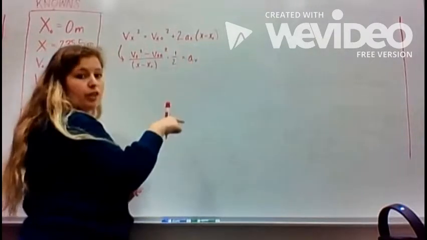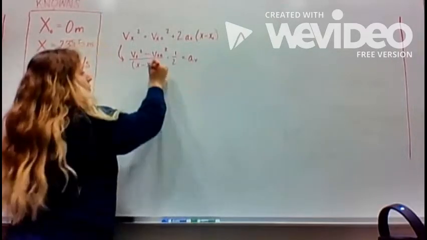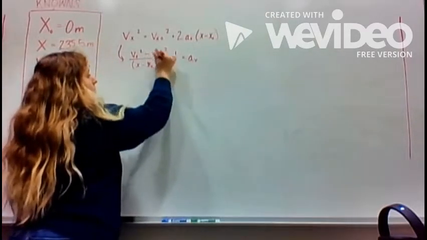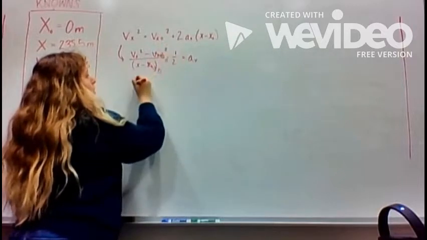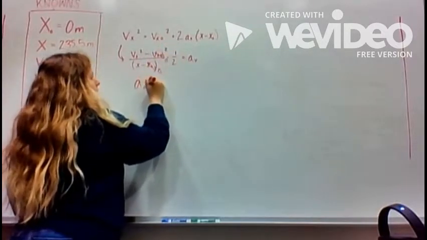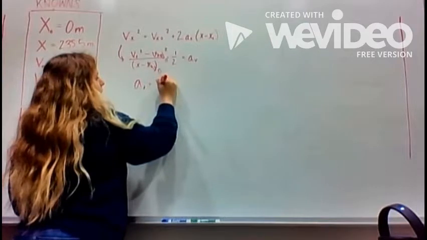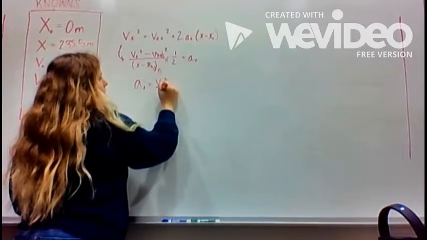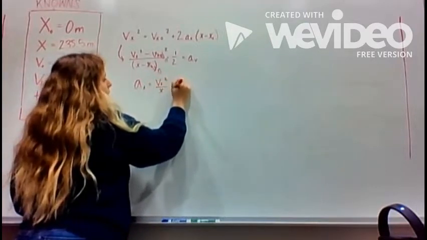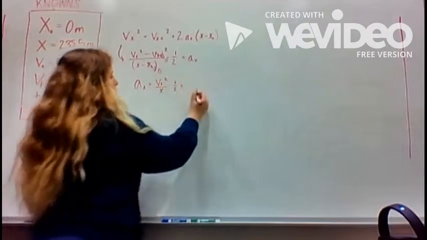So from here we can plug everything in. Now that we've rearranged the equation, we've got x naught and v naught are both 0. So we are left with ax is equal to vx squared over x times 1/2. Which again, we can just plug everything in.